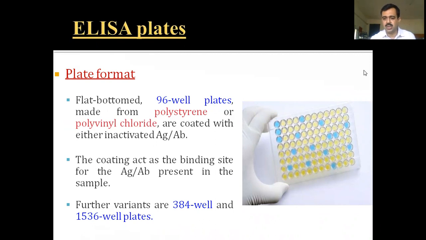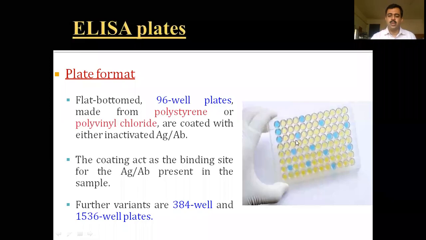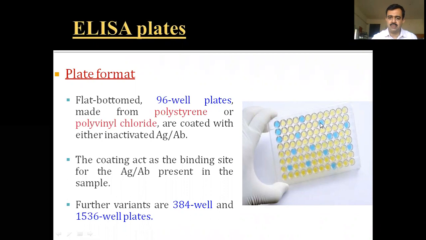You can see in this picture, these are the plates, and they will be helpful for identification. These plates are coated with either the antigen or the antibody inside each well. The coating acts as a binding site for the antigen and antibody present in the sample.